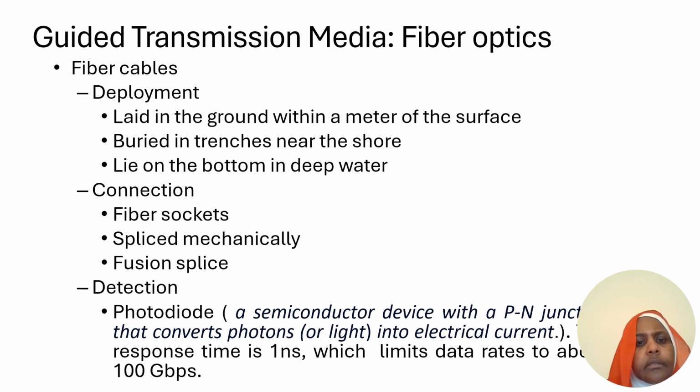The detection happens through a semiconductor device with a positive and negative junction that converts photons, or light, into electrical current. This device is called a photodiode, and it has a response time of 1 nanosecond, which limits the data rate to about 100 megabits per second.